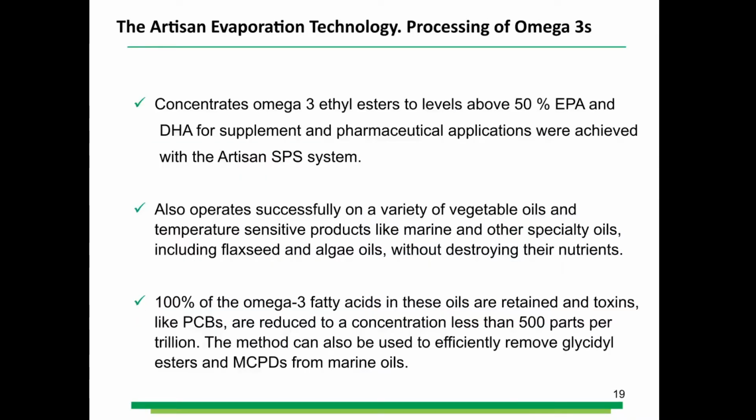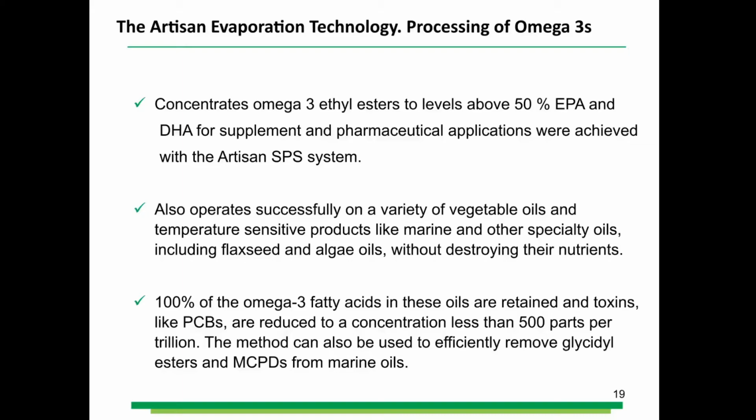The Artisan multi-stage evaporation technology was successfully used in the concentration of omega-3s, specifically omega-3 ethyl esters of EPA and DHA. Normally, systems of molecular distillation can concentrate only up to 50% EPA and DHA. As a result, other technologies such as urea crystallization have to be used.